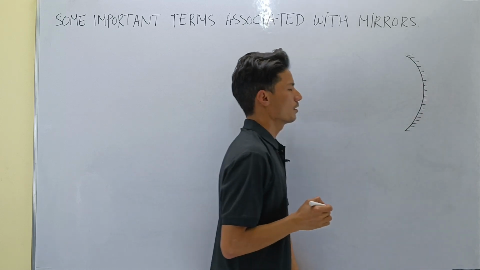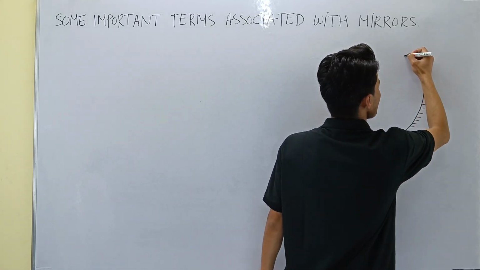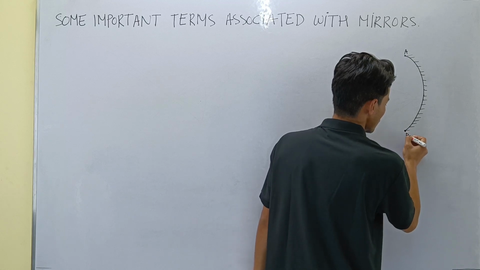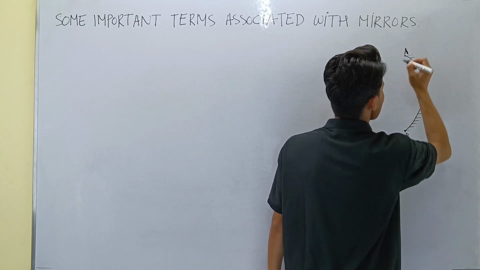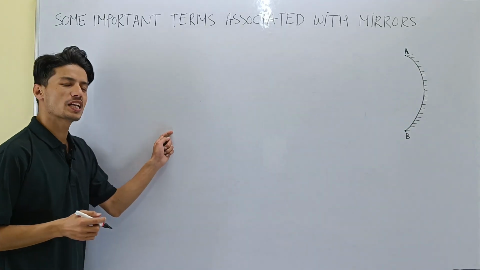Now let's name the ends A and B. I have to draw a little bigger because I have noticed that if I write very small, you don't see.